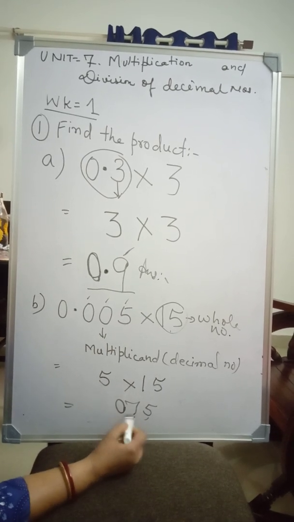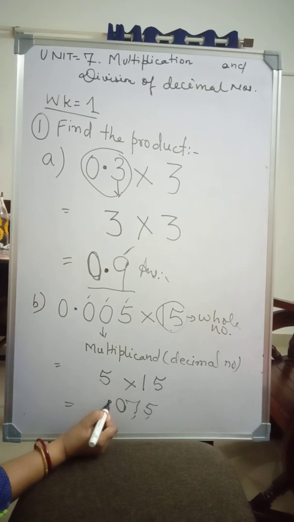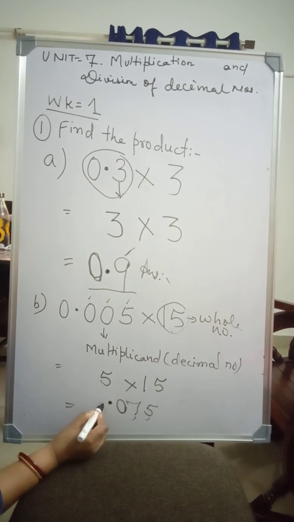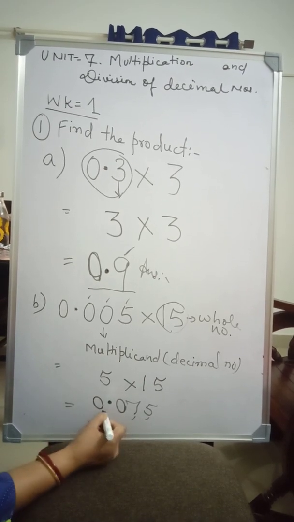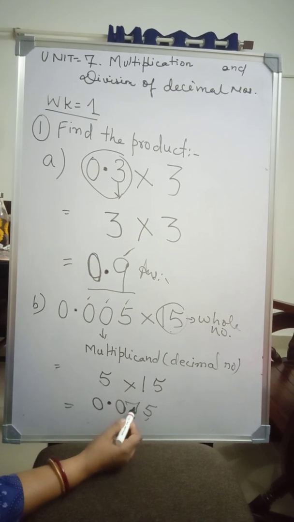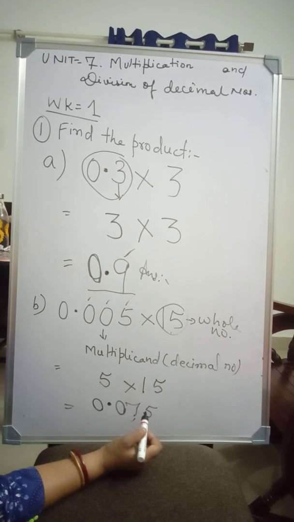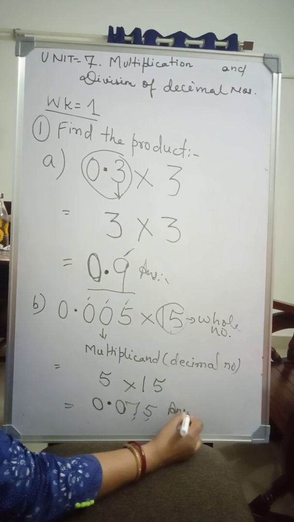Now there are 3 digits: 1, 2, 3. Now here we will put the decimal point, and here also we will put 0 as there is nothing there. So the product is 0.075. Right? So this is the answer.